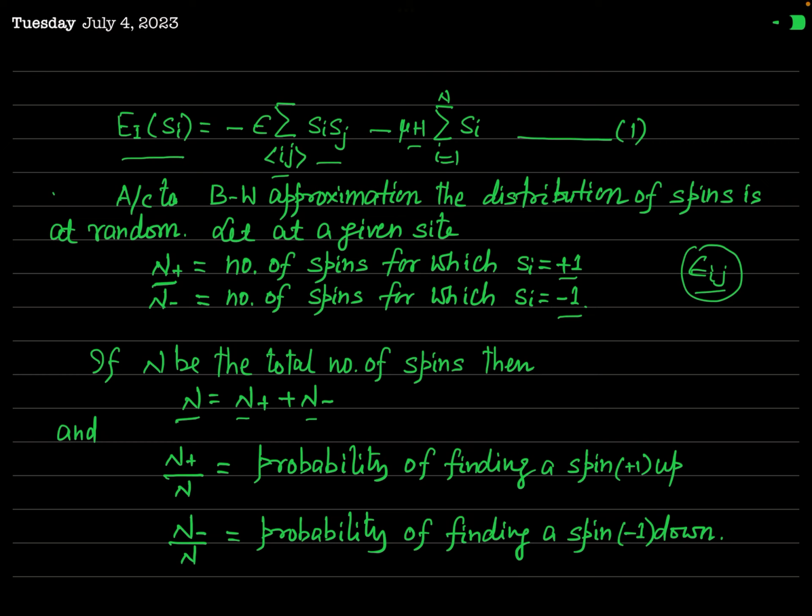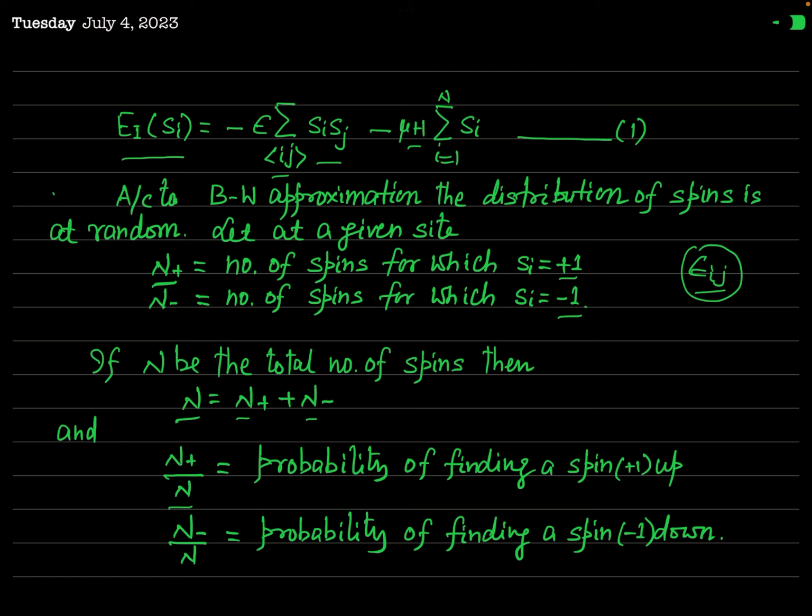Now we will define the probability of finding an up spin and the probability of finding a down spin, because this spin distribution is random. In accordance with the definition of probability, when we divide the number of up spins, that is n plus, by the total number of spins, we get the probability of finding an up spin, that is, a spin with value plus 1.